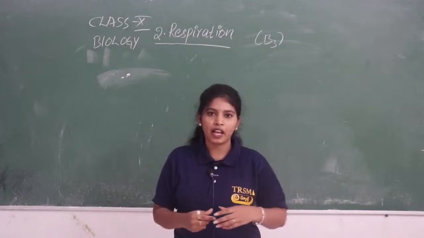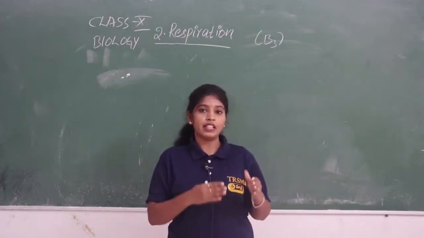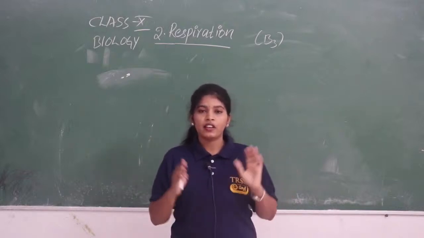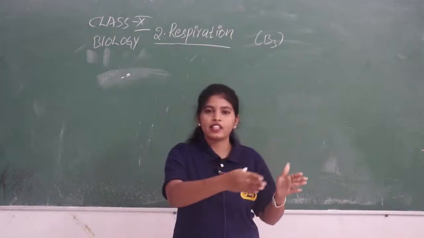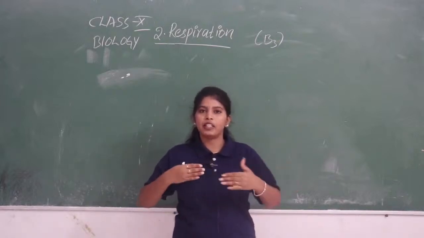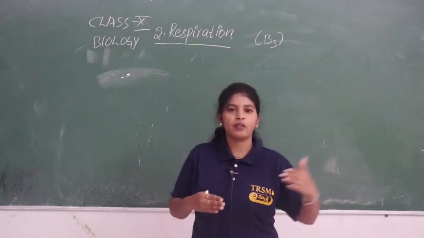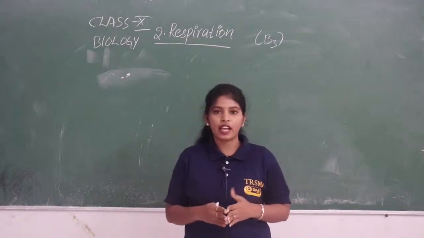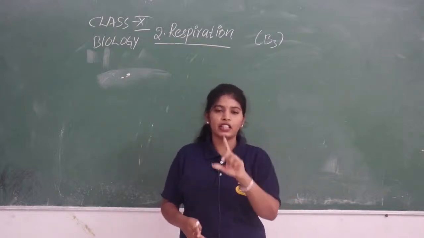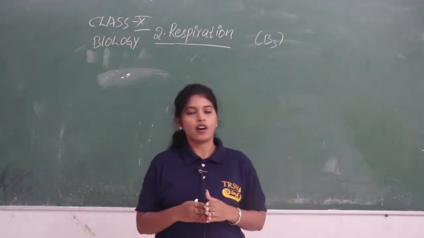When the plant is introduced into the bell jar, the rat survived, meaning the life of the rat is possible there, because the exchange of gases is happening between the plant and the surrounding medium. Whereas here there is no exchange of gases, only one gas is rotating, and there is no supply of oxygen.